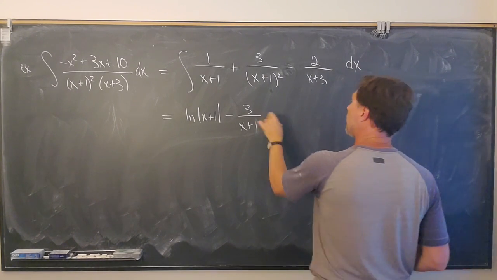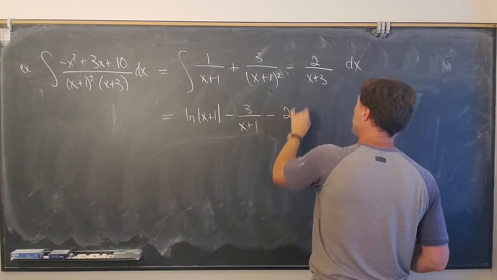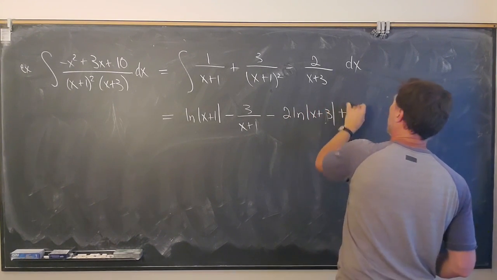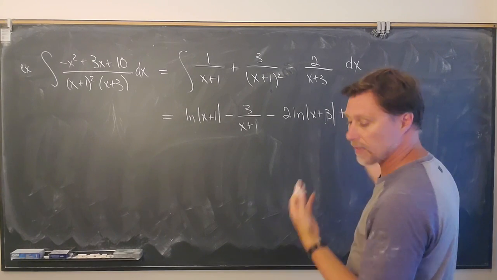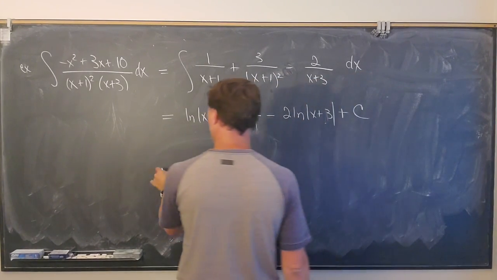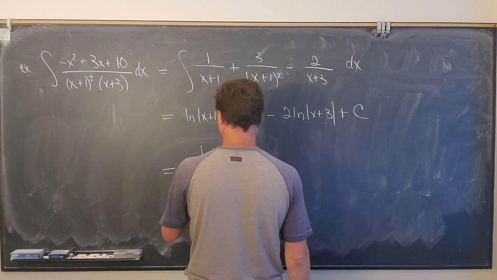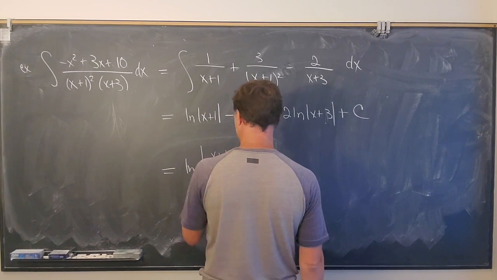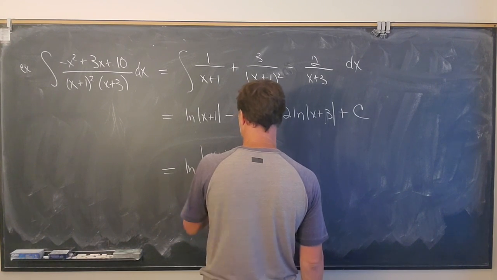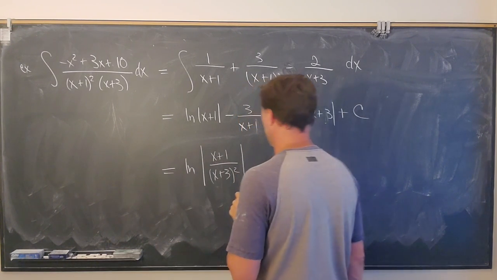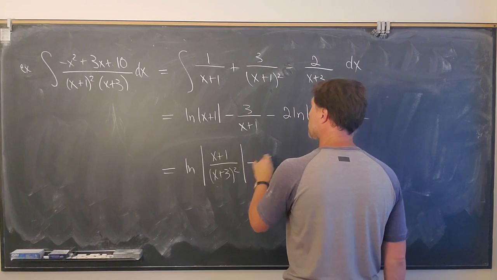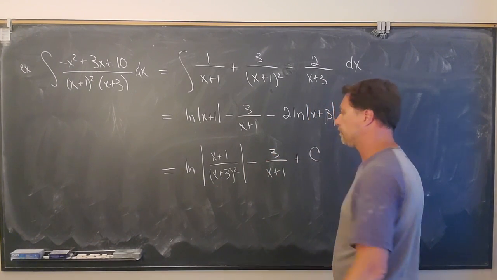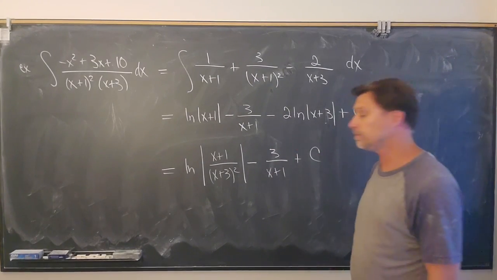And then we'll have a minus 2 natural log absolute value x plus 3, plus c. This answer is fine, but in simplified form, we get natural log of x plus 1 divided by x plus 3 squared, minus 3 over x plus 1 plus c. Either one of those answers is fine.